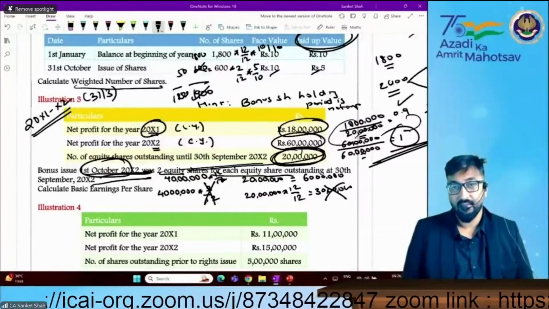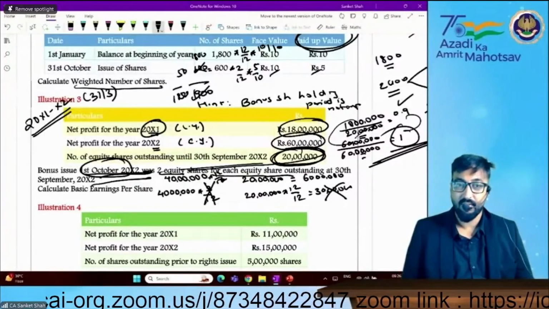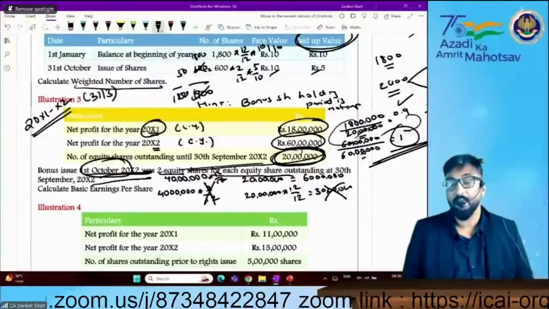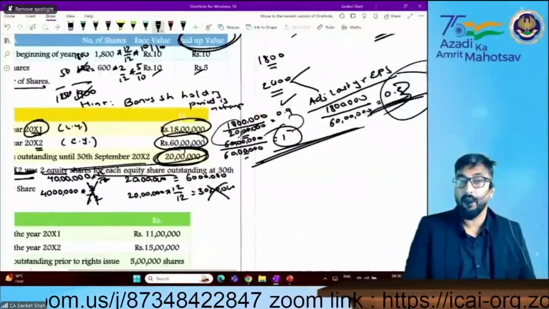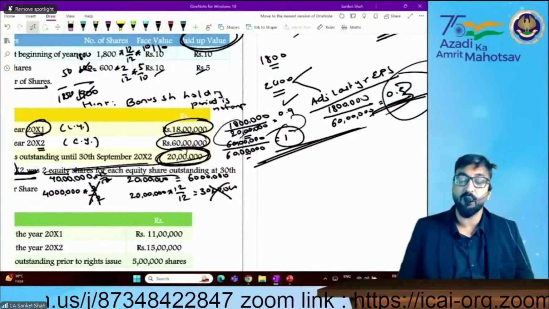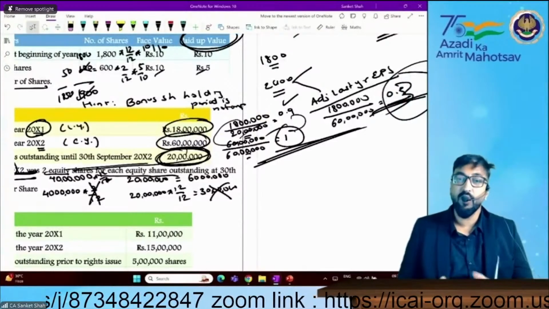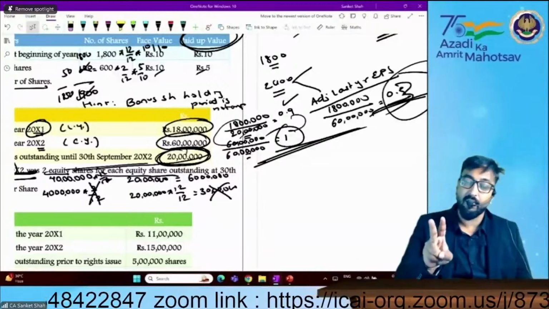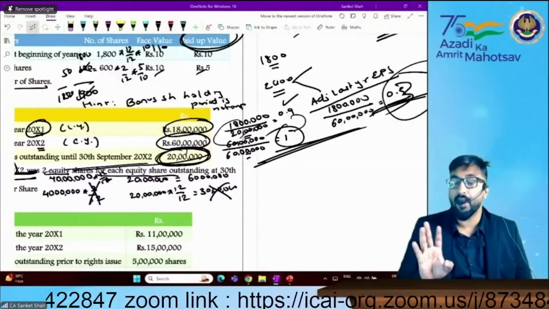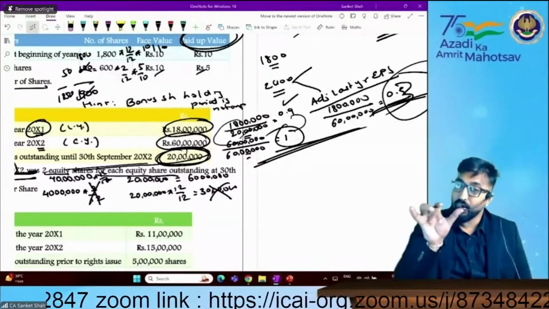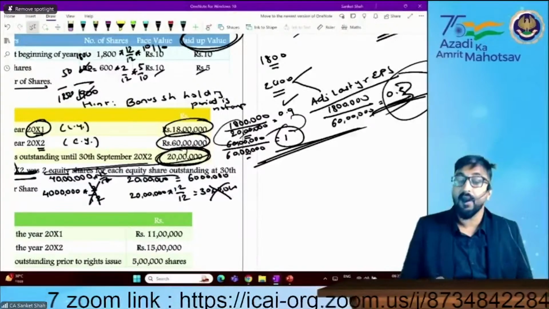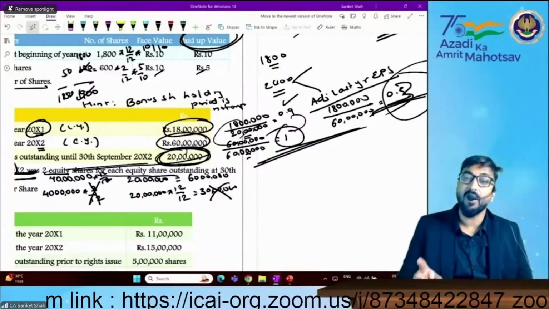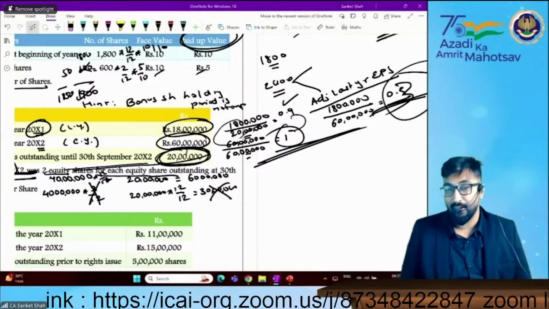Okay. Sir, why is the comparison required? Because if you see the EPS, it is 0.9 and 1. And we always do comparison with the last year, no? Whenever you see the balance sheet of any company, not only the current year figures are given, but past year figures are also given. And then only you can compare, na, where I was in the past and where I am now.